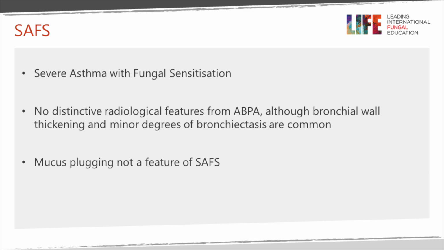If you see somebody with high attenuation mucus, it's ABPA. If you see somebody with quite extensive dilatation and extensive plugging, then it's likely to be ABPA. But if you've got sensitivity shown on the serology and you've got severe asthma, but you haven't got such widespread bronchiectasis, then it's likely to be SAFs.